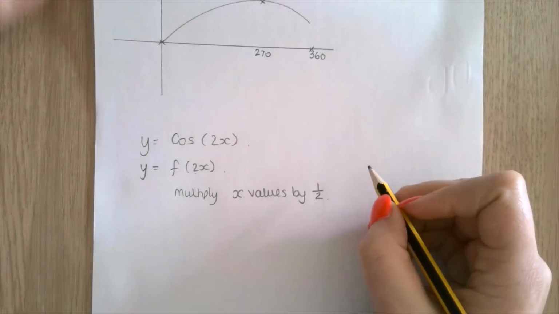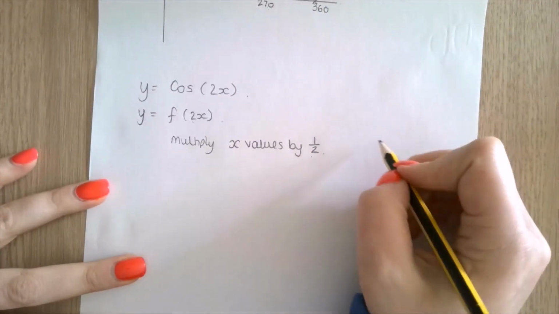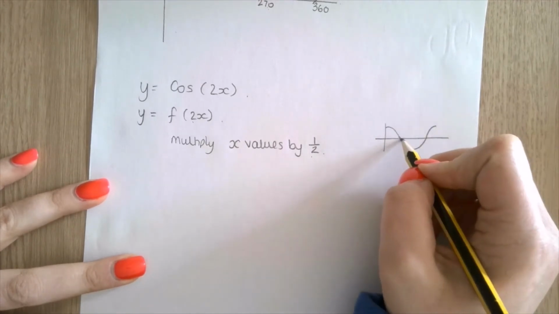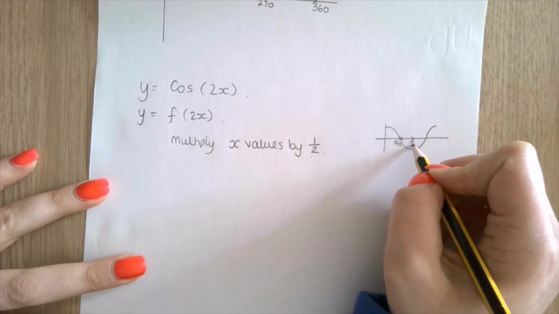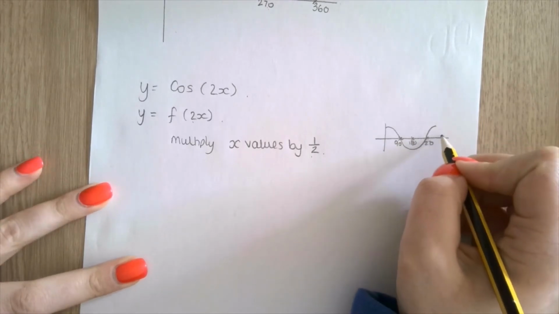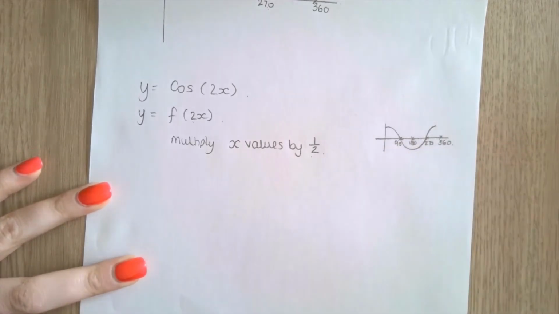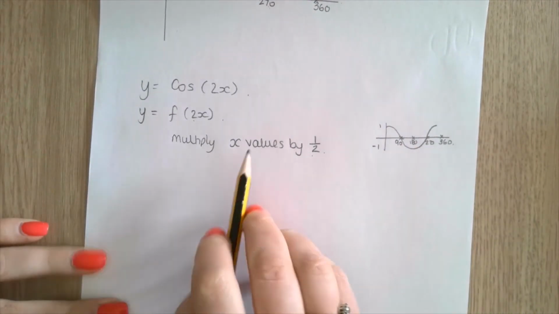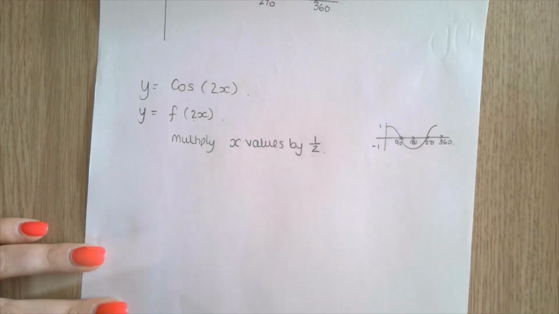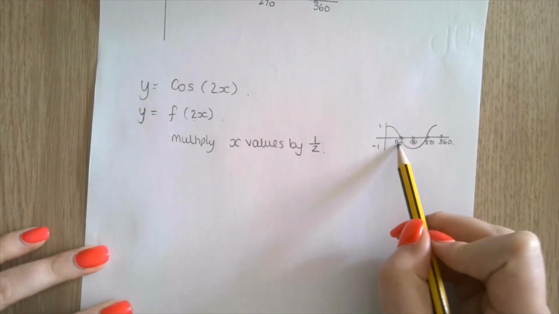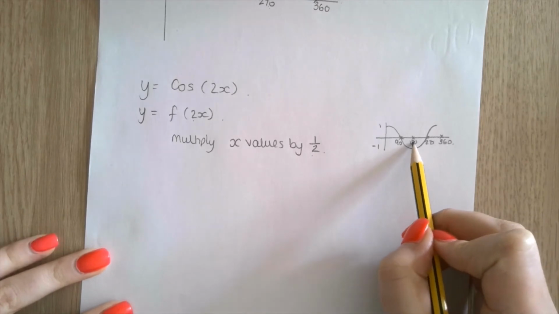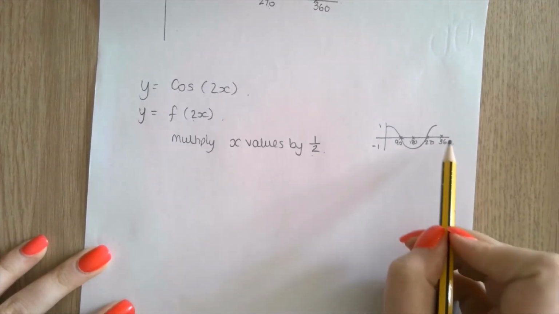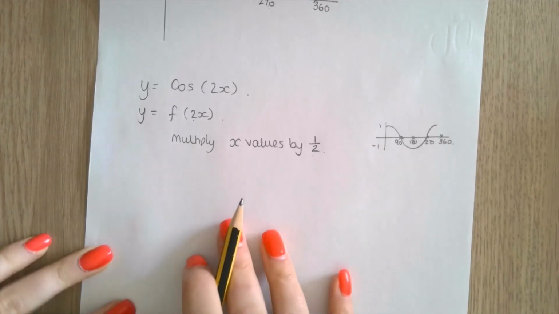Looking at my standard cos graph, 90, 180, 270, 360, maximum at 1, minimum at -1. I need to multiply all of these by a half, so 90 will become 45, 180 will become 90, 270 will become 135, 360 will become 180.